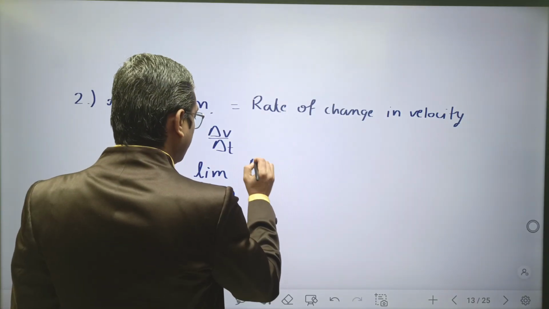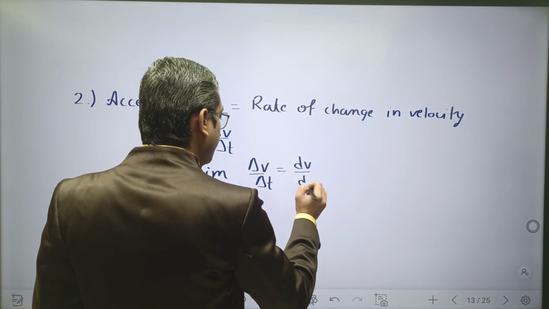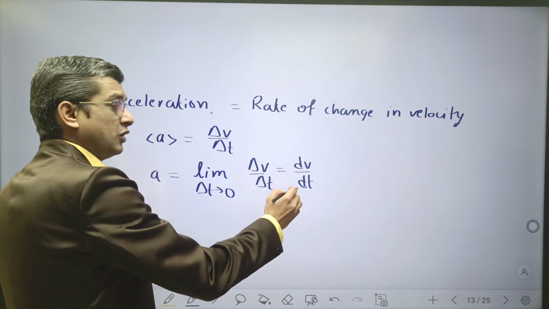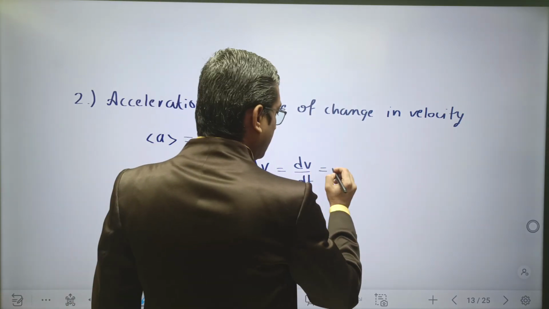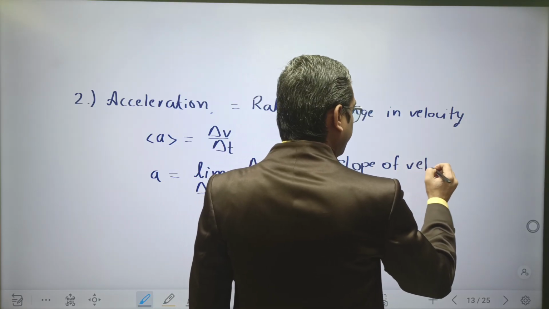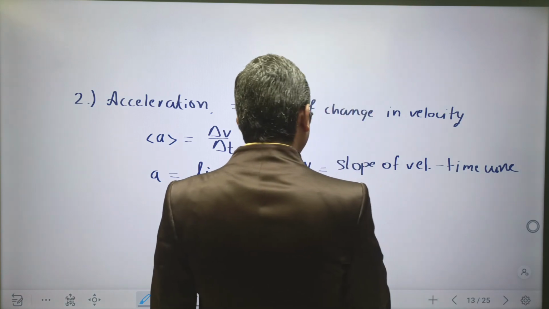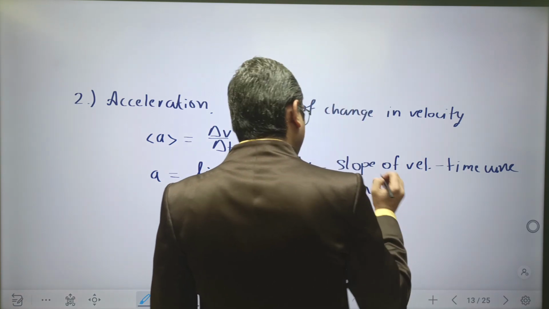So this is delta v by delta t, and this is equal to dv by dt, that is known as the derivative of velocity with respect to time t, and this is nothing but the instantaneous slope of the velocity time curve, and this instantaneous slope is given by tan theta, isn't it?